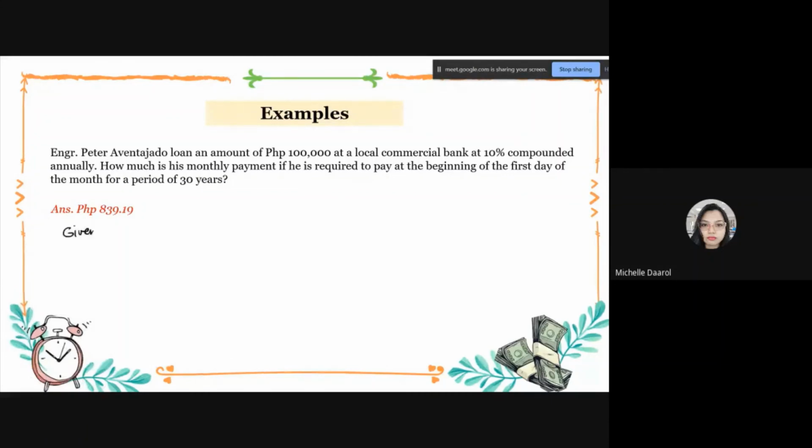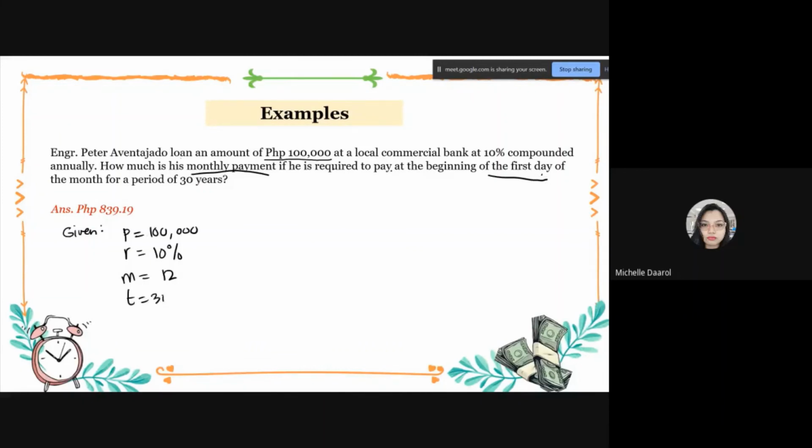So that is the principal amount, 100,000, at 10%. If he is required to pay at the beginning of the first day, so this is annuity due, for a period of 30 years.